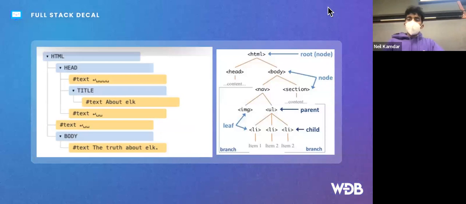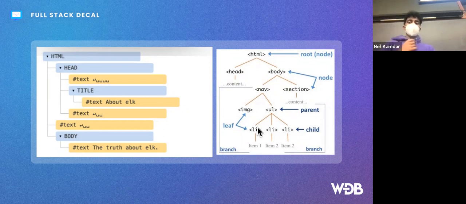So let's say right here, we have our HTML body. We have a section, navigation, unordered list, and then some list items. Suppose we want to make it so that when we click on a checkbox, another list item appears. So we want another bullet point to show up. Something pretty interesting we can do is, when we click on the checkbox, we can create a new list element and add it to our tree.